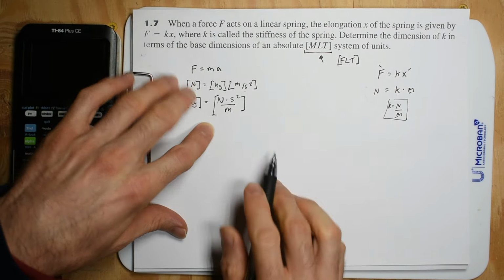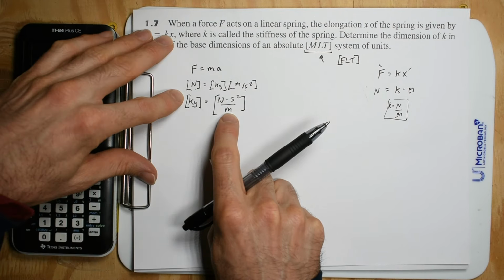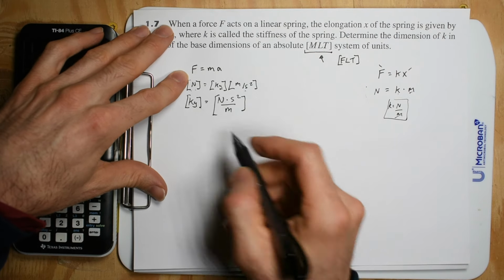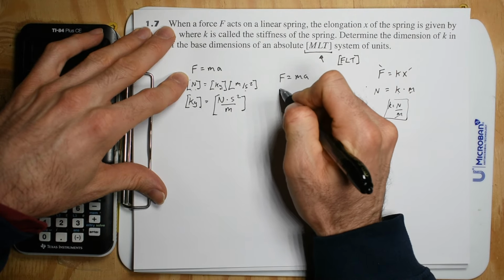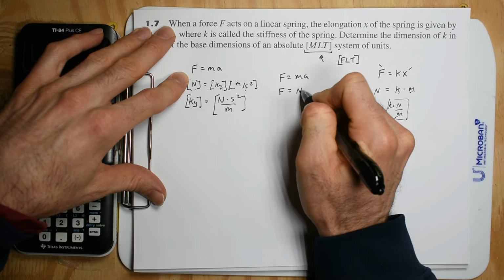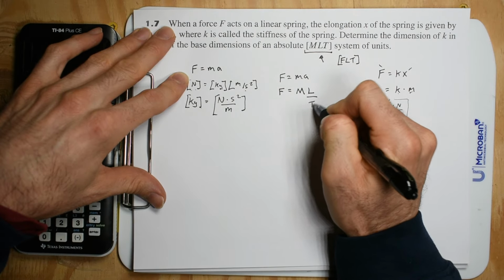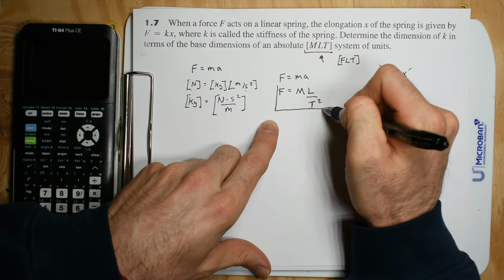So there you go, this is going to be very useful. The other thing that you could do is say that F equals MA, where this is a force, this is a mass, and this is a length divided by time squared. So this is kind of what they want you to do.